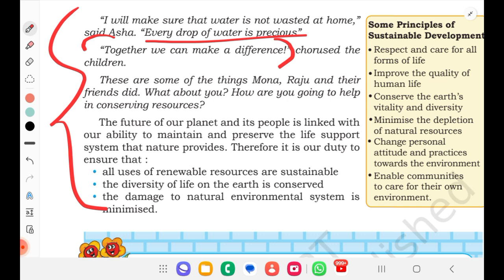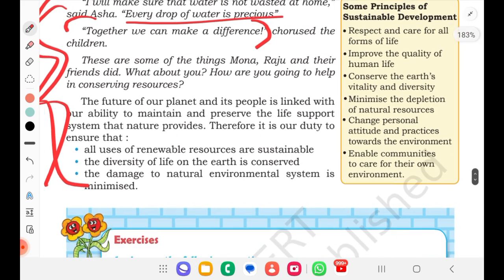So again they decided it is very important to save even water and other resources for further life.